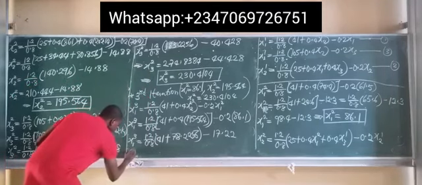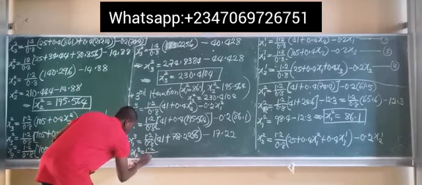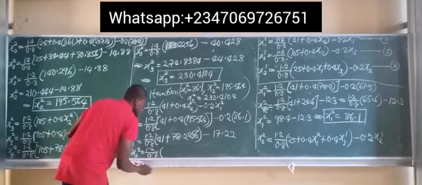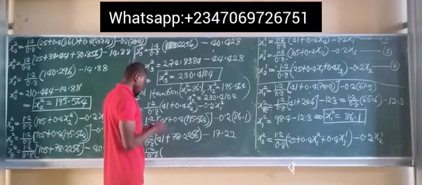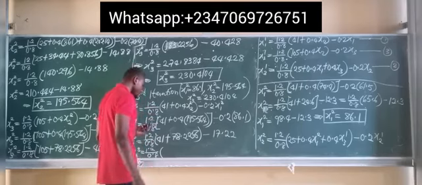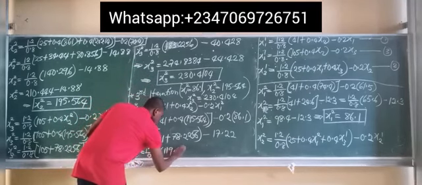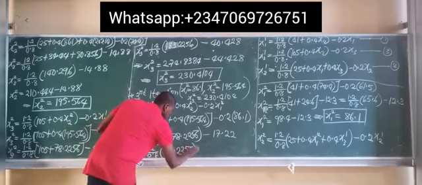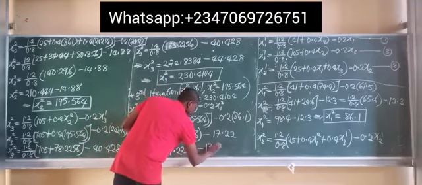All right, so x1 of 3 is now 1.2 all over 0.8 into, so let's evaluate 41 plus 78.2256. That gives us 119.2256, minus 17.22.